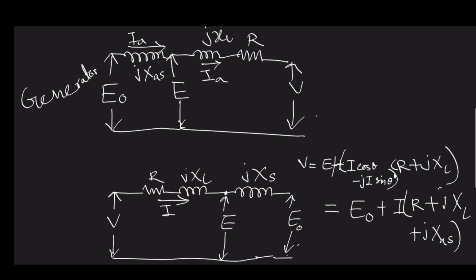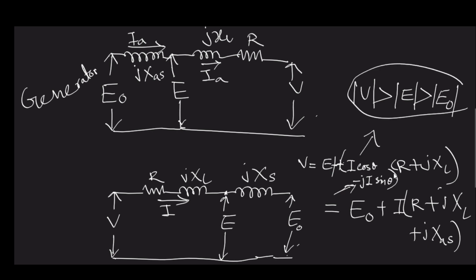If you proceed in this way, considering this minus sign due to lagging current, you will see that this whole thing will yield mod V is greater than mod E is greater than mod E naught. If you proceed, you will get this relation.